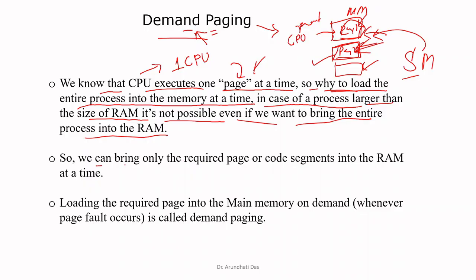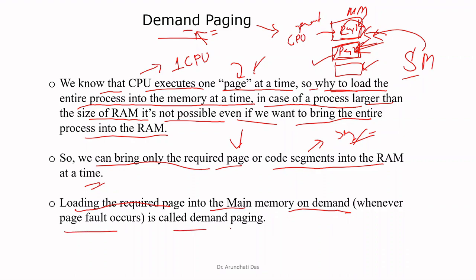So we can bring only the required page or code segment into the RAM at a time. In case of paging, I will bring that page, and if I am following the segmentation memory allocation technique, then I will bring that particular segment. So loading the required page into the main memory on demand, whenever a page fault occurs, is called demand paging.